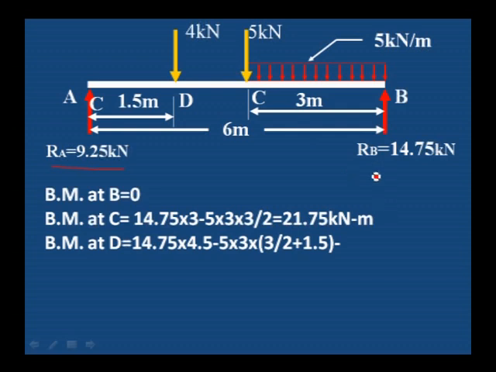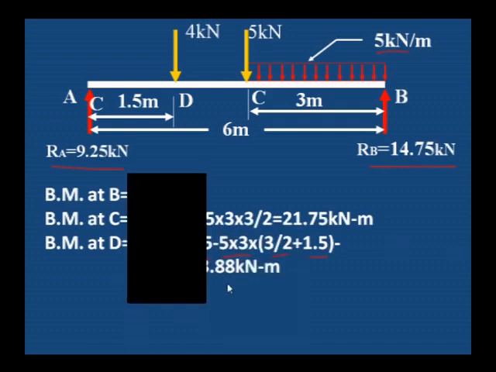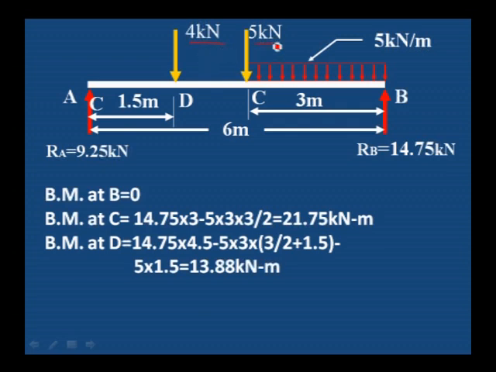Let us take from the right side. RB value 14.75 into distance from B to D is 4.5, 3 plus 1.5, 14.75 into 4.5, minus 5 kilonewton into 3, 5 into 3 is the 15 kilonewton into distance, 1.5 from D to C plus center of C to B, that is 3 divided by 2, 3 divided by 2 plus 1.5, that is the distance of the uniformly distributed load from D, minus one more load is there, that is 5 kilonewton into distance from D to C is 1.5, 5 into 1.5.